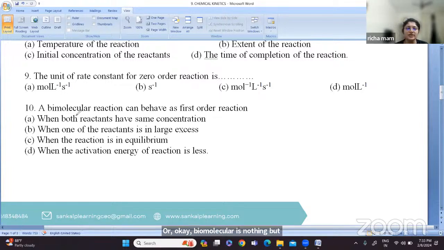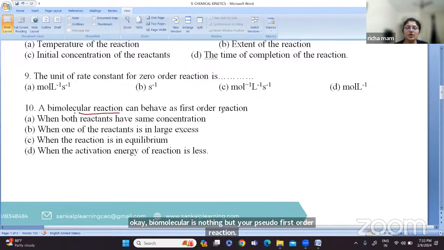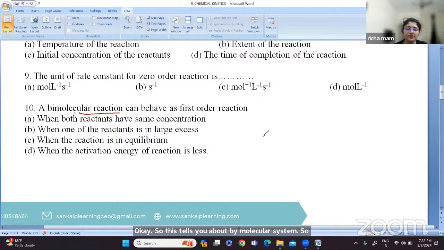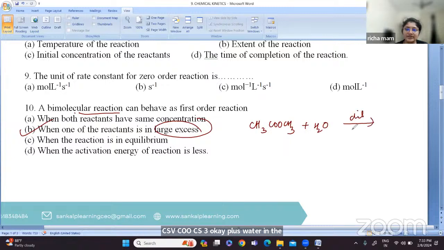So how does it act as first order? When one of the reactants is taken in large excess. For example, take the acid hydrolysis of methyl acetate. That will be CH3COOCH3 plus water in the presence of dilute HCl. In the presence of dilute HCl it gives you what?